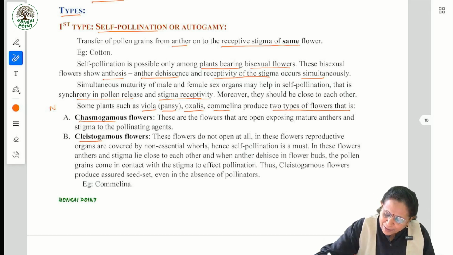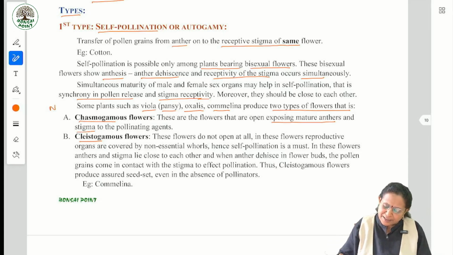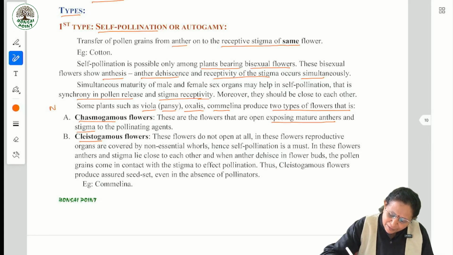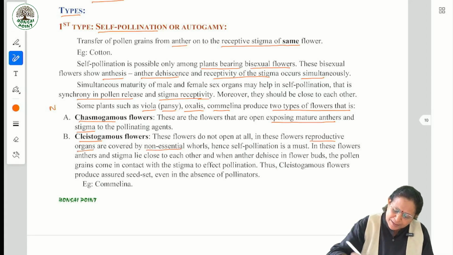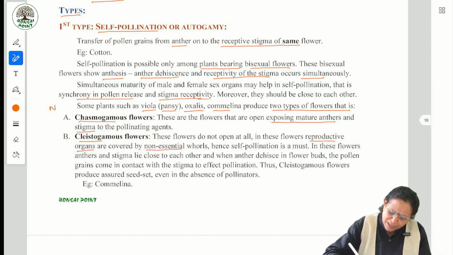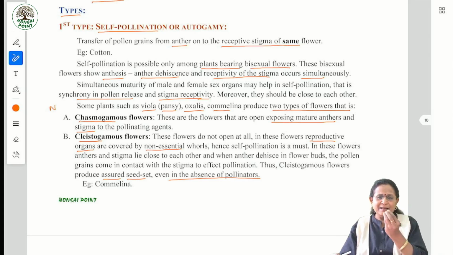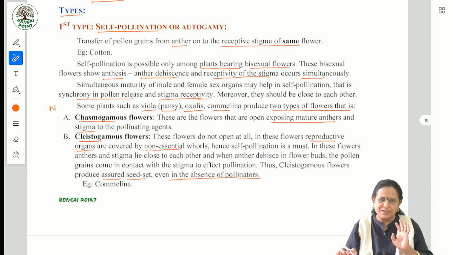Chasmogamous flowers expose the mature anthers and stigma to the pollinating agent, whereas here the non-essential whorls cover the reproductive organs. Cleistose means closed. Thus, cleistogamous flowers produce assured seed set even in the absence of pollinators. That means the androecium and gynoecium are covered by accessory whorls, so self-pollination is a must, and hence we can expect the fruit.